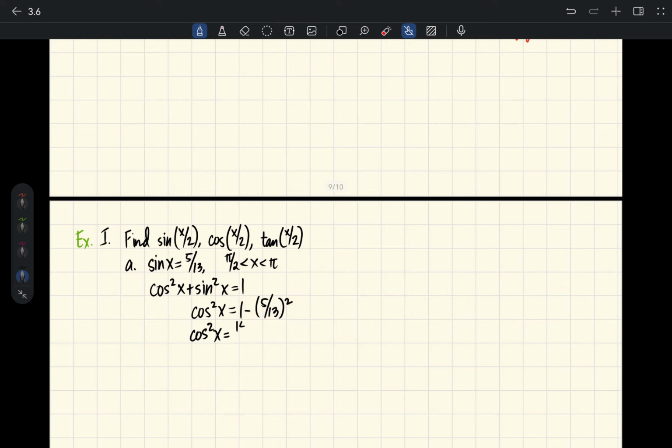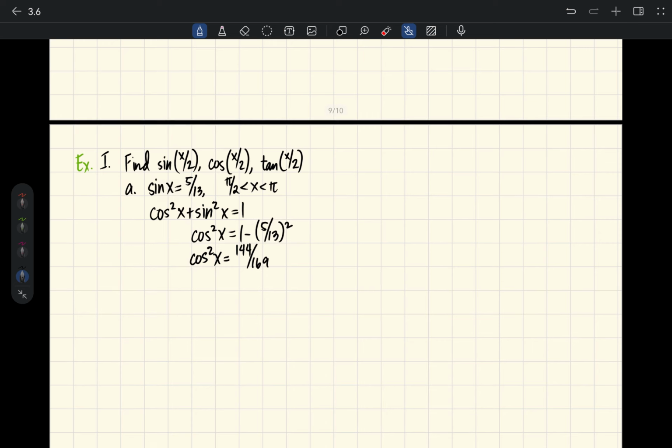So cosine squared x is 144 over 169. Finally, this gives us cosine x equals plus minus square root of 144 over 169, which is the same as plus minus square root of 144, that's 12, all over square root of 169, that's 13.